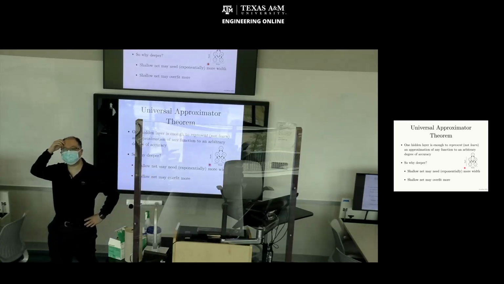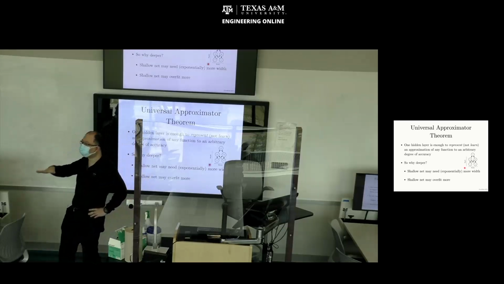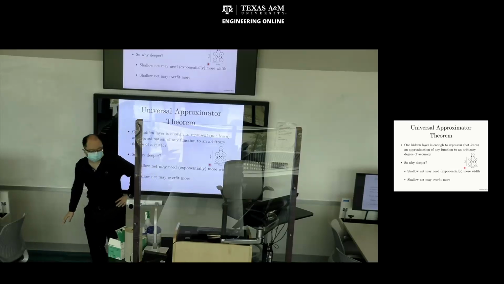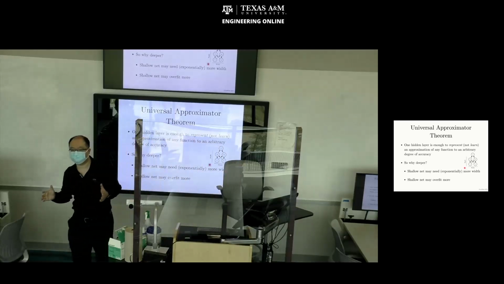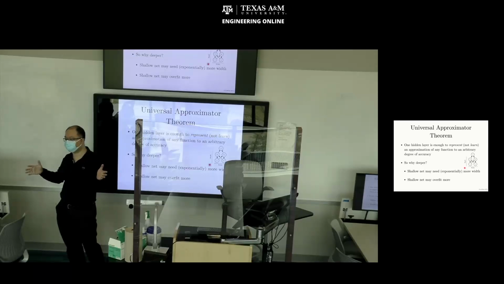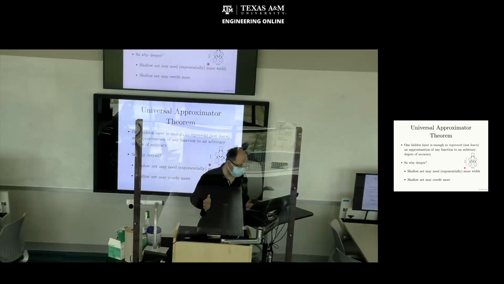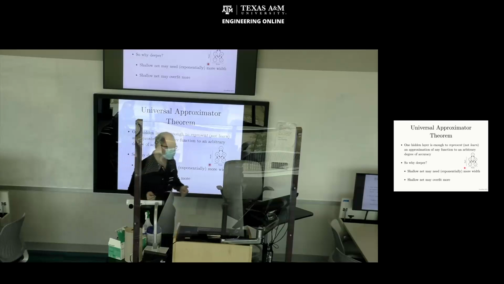Let me think about it a little more. I think you're looking at the right perspective, the representation and the learning. But you seem to have assumed that as long as there is the same amount of hidden neurons, there is the same level of representability or expressiveness of these two MLPs. In fact, that's not the case.